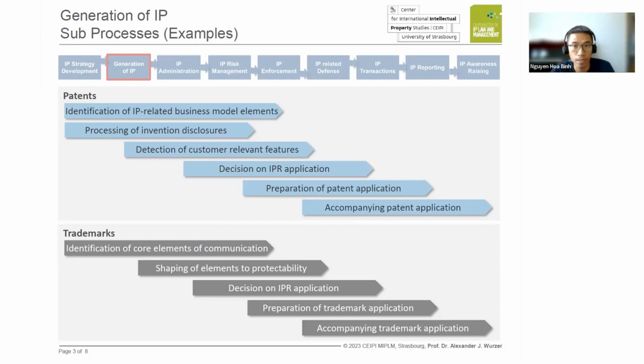Afterward, the next sub-process is the detection of customer-relevant features. The result from the previous sub-process will be input to detect the relevant features from the customer, possibly by conducting a market survey or investigation, or obtaining the features from a specified customer source. For example, a charging station in a restaurant or hospital.